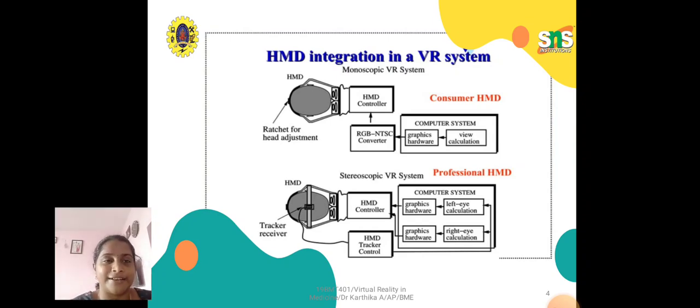Moving on to the computer system, in consumer HMD we have graphics hardware and view calculation. In the computer system we have graphics hardware, left eye as well as right eye calculation, and graphics hardware for better vision. Finally we have a tracker receiver in professional HMD, and in the monoscopic VR system consumer HMD we have a red chart for head adjustment.